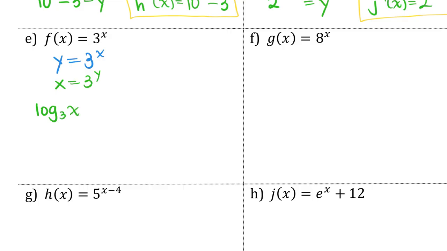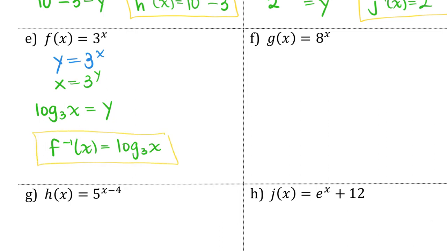The argument is x, and then it equals the exponent. So by rewriting, I actually solve for y. So let me recall this, f inverse of x equals log base 3 of x. Which is nice, and makes sense because the inverse of a log function was exponential, and the inverse of the exponential ends up being a logarithmic function.